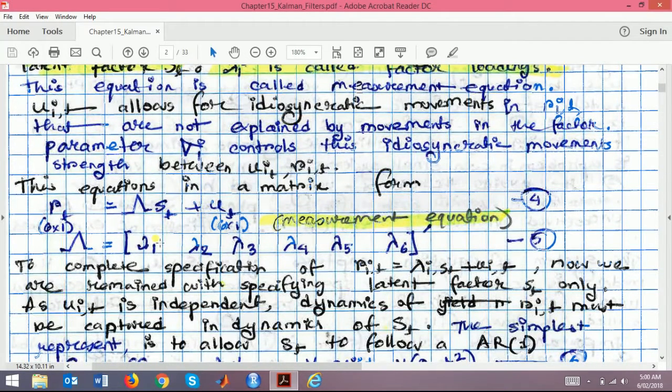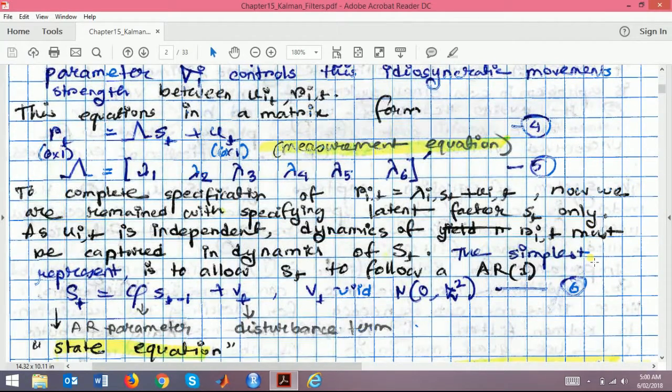And as I said, lambda is called factor loading as well. This equation is the measurement equation. The simplest representation is to allow s_t to follow an autoregressive one, because it captures the dynamics of the interest rate.